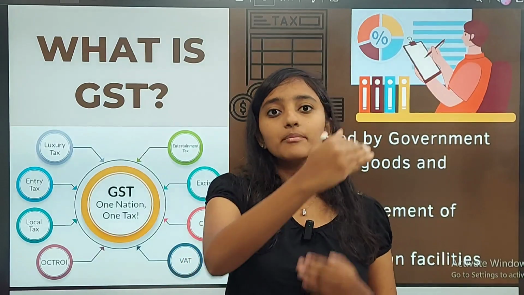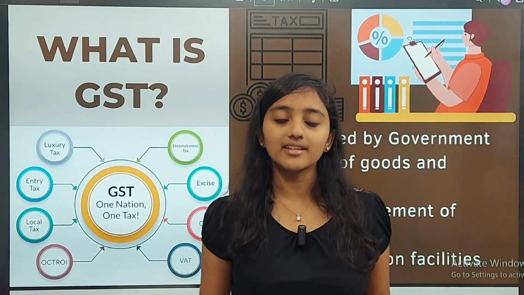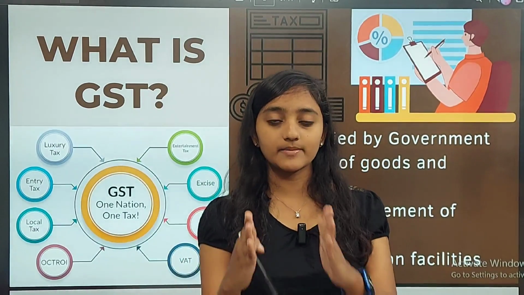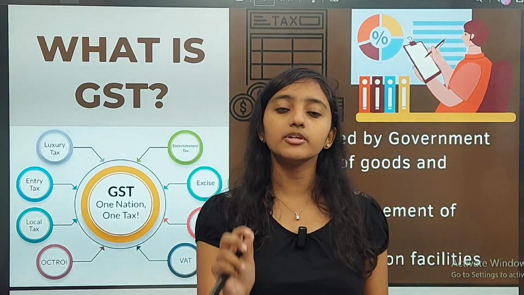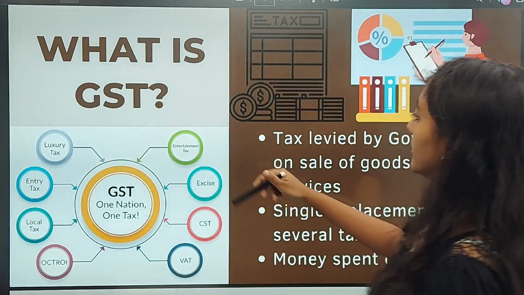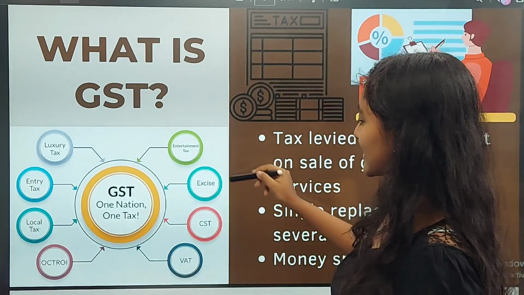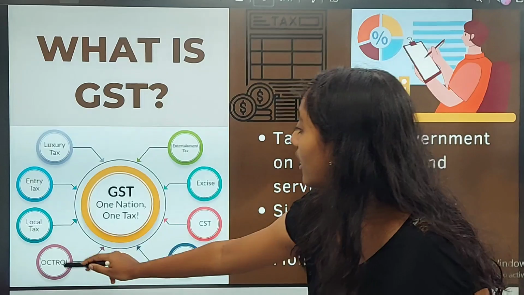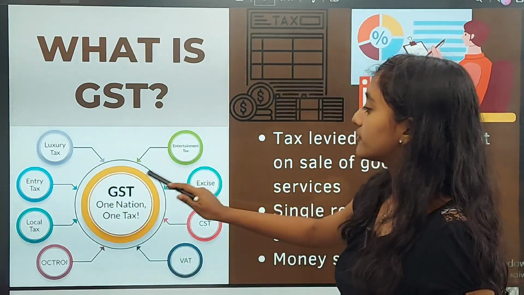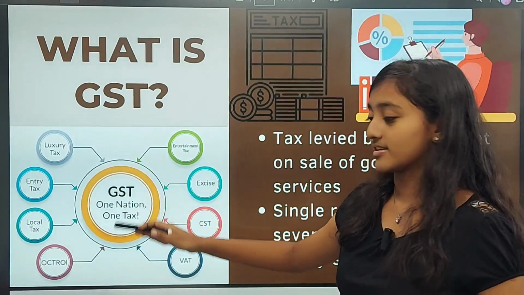Earlier there used to be many types of tax. All of that tax has now been combined and it is called the Goods and Service Tax, GST. Any service, any good you purchase, there will be a GST applied to it. As I told you, entertainment tax, excise, CST, VAT, local tax, entry tax, all of this is combined to be called GST.